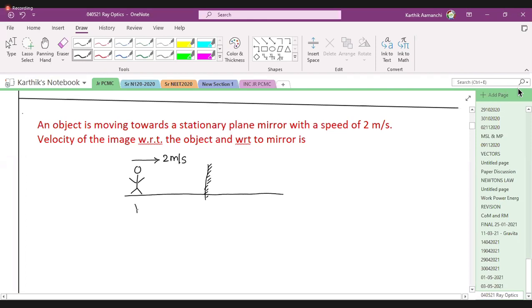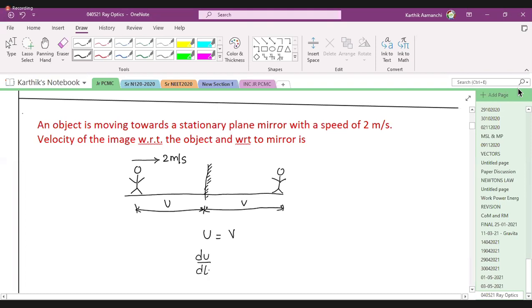Now we know the nature of the image, so your image is somewhere here. Let me take this as V. Let me take this as U. We know your object distance is equal to your image distance in plane mirrors. Differentiate both sides with respect to time.